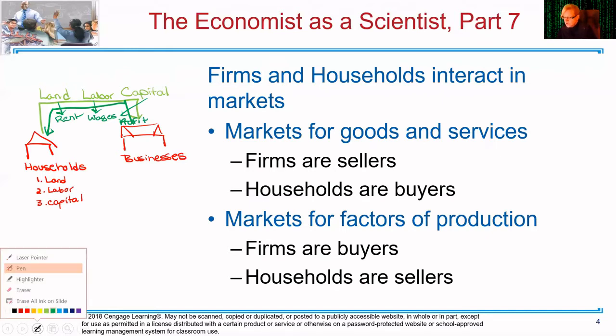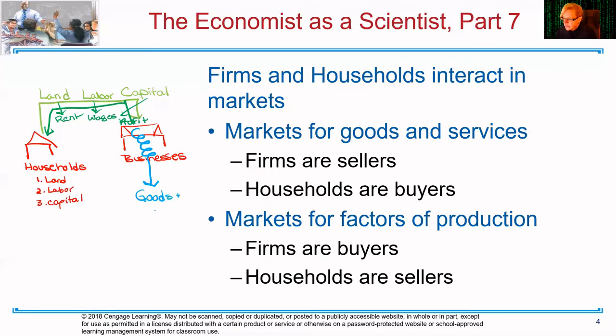So what do businesses do with these factors of production that they have purchased? They combine them together with the fourth factor of production, entrepreneurial ability. Using land, labor, and capital, they combine them together with entrepreneurial ability and they get goods and services.